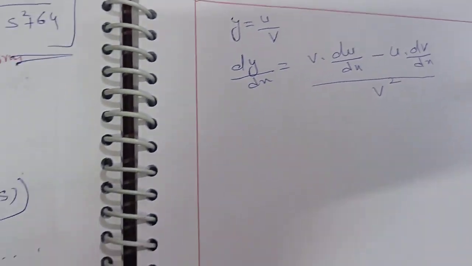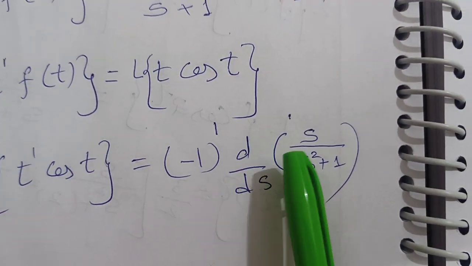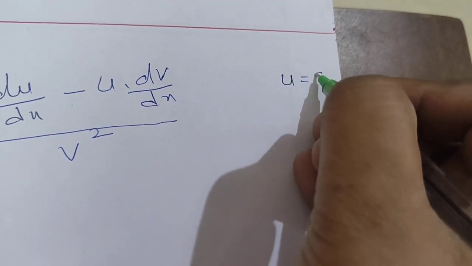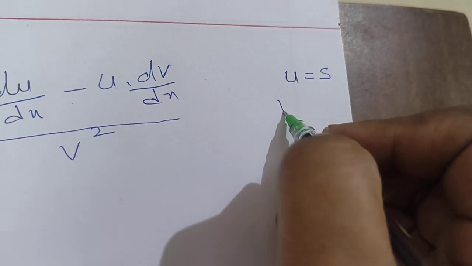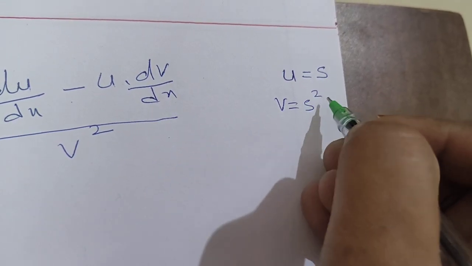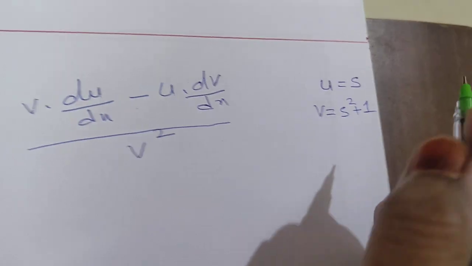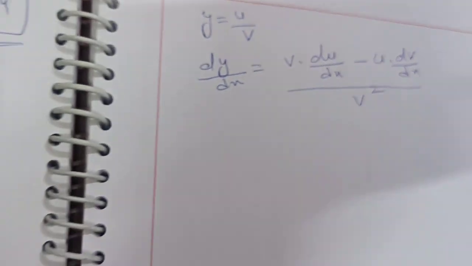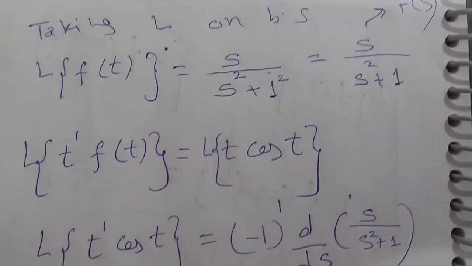We have to apply this formula. In the numerator we have s, so u is equal to s, and v is equal to s square plus 1 in the denominator. In place of x we are writing s, differentiating with respect to s.